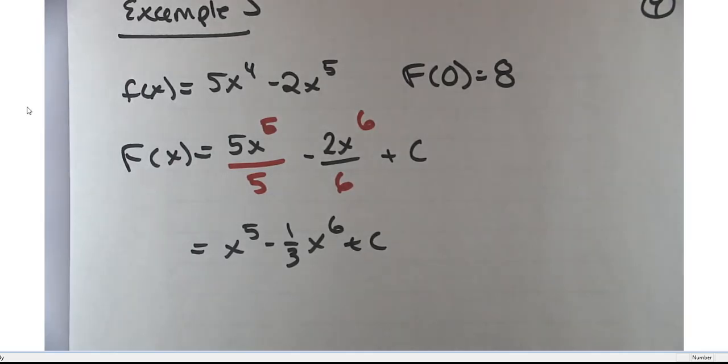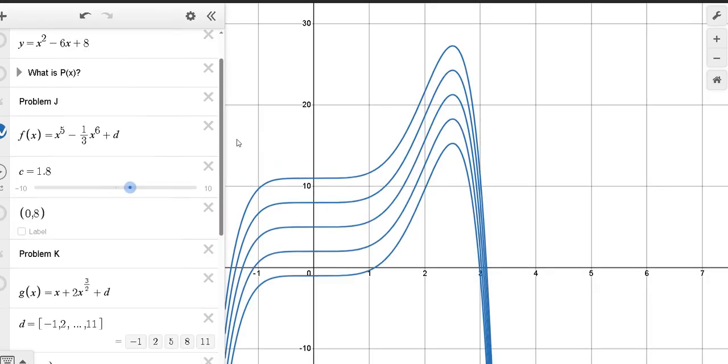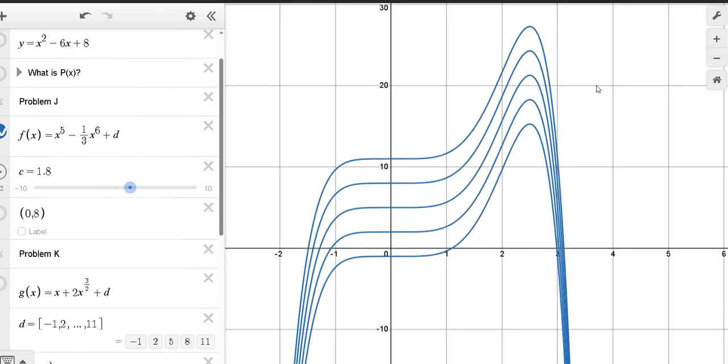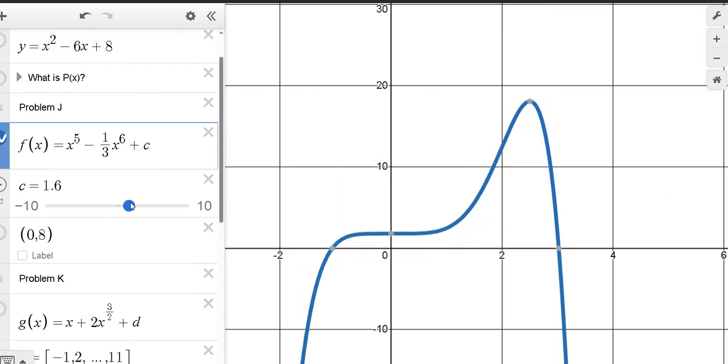Now, that constant can be anything. So let's try and understand the implications of that. Depending on the values that you choose for your constant, you can get a lot of different curves here. So let me change this to a C real quick. And then I can move this up and down.